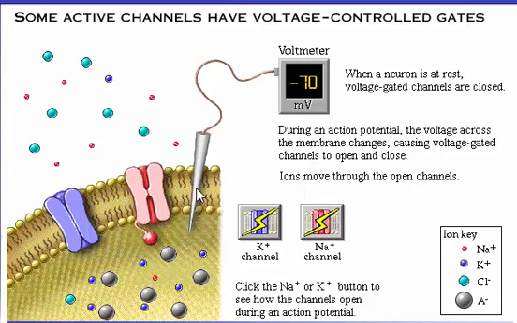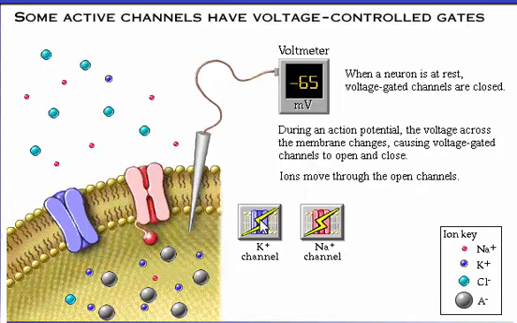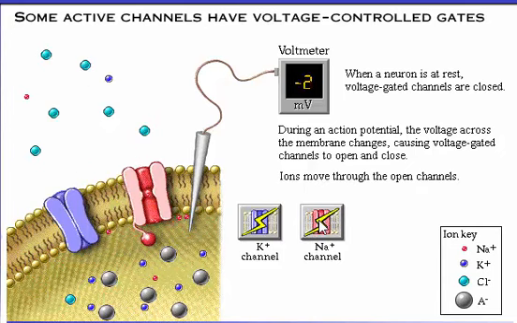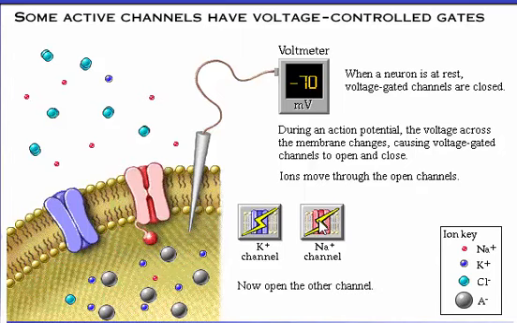Watch the ions move and the membrane potential change on the voltmeter. Now open the other channel.